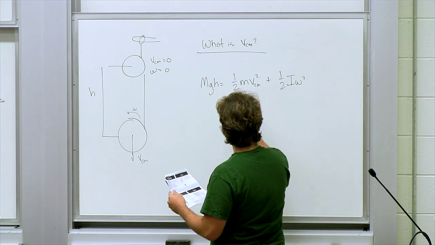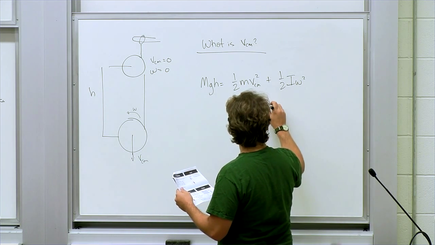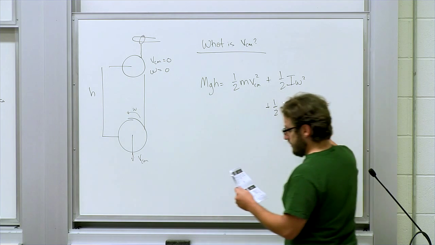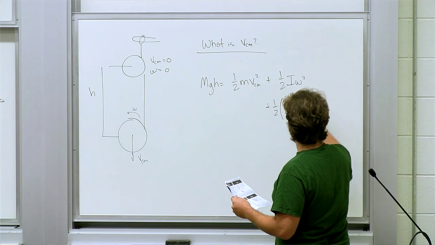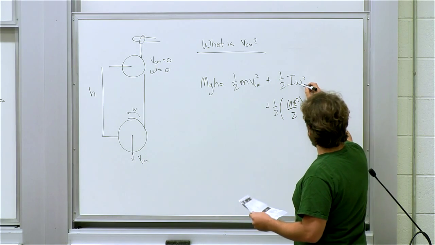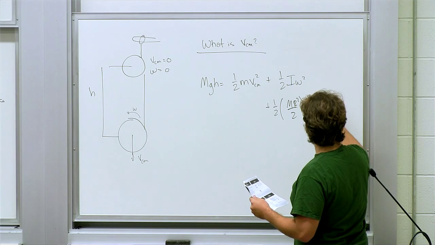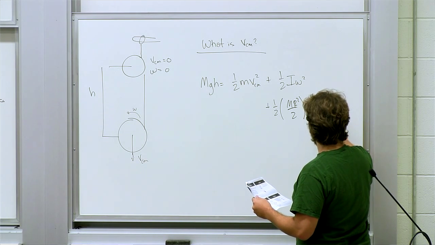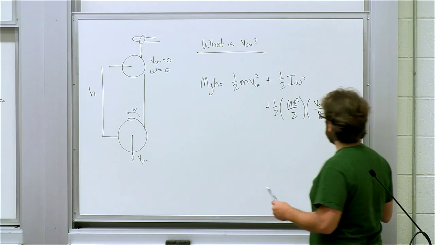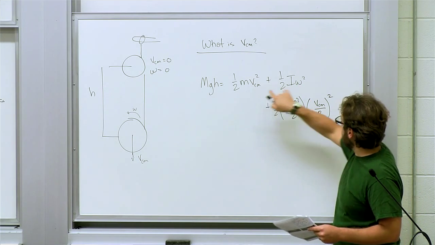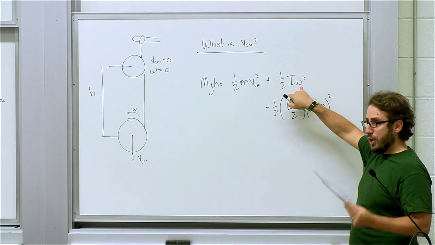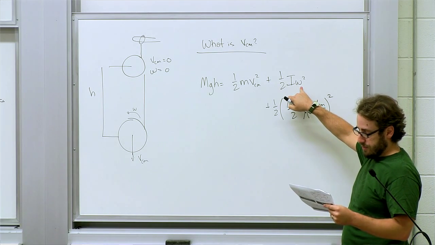Okay, so this is 1/2 m v squared. Here we put in what I is, which is m r squared over 2. And we replace omega with velocity of the center of mass over r. All right, so we remove omega from the equation because we've connected this velocity and this angular rotation by knowing that it rolls without slipping down the rope.